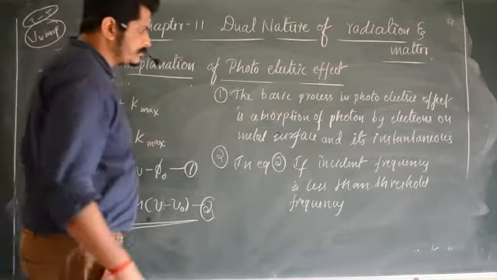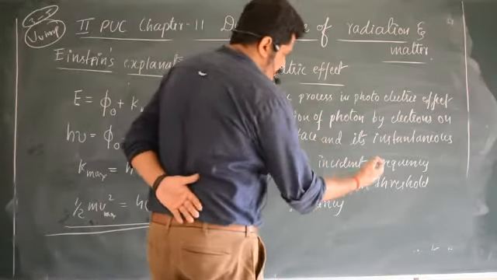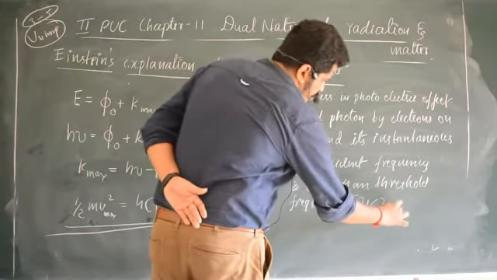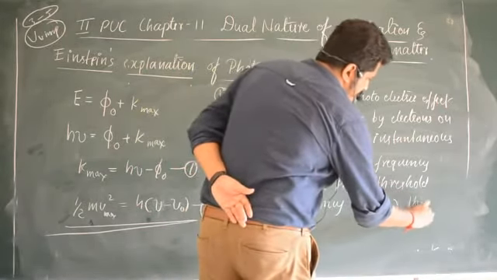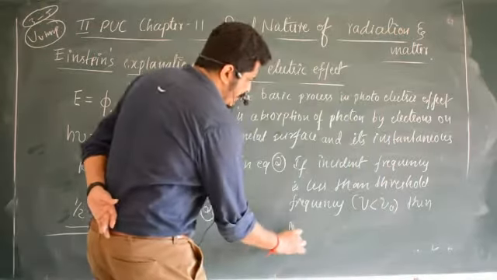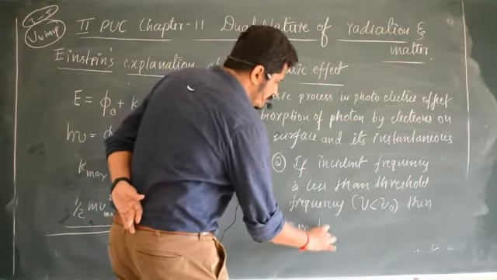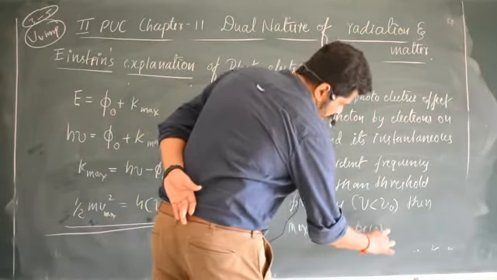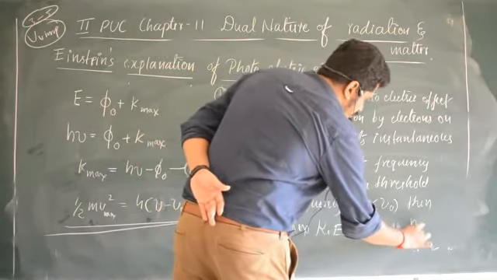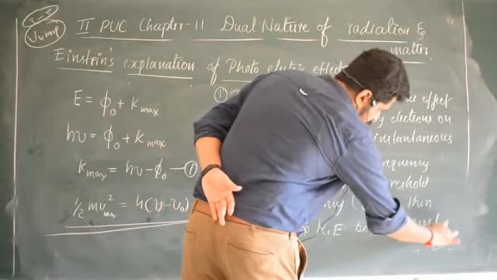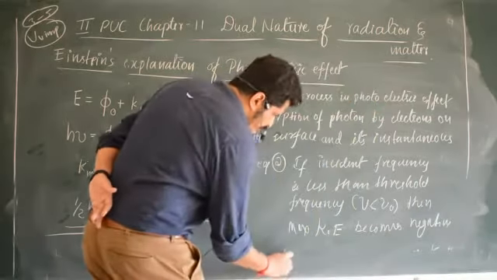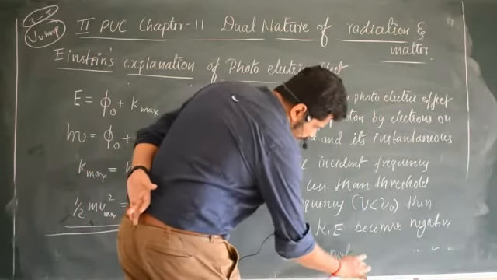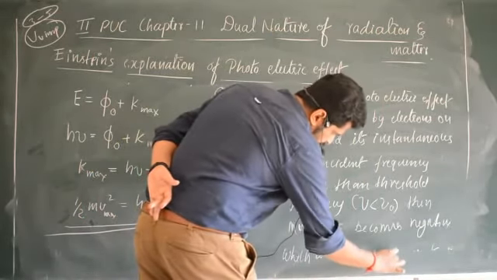So if nu is less than nu naught, then maximum kinetic energy becomes negative, which is not possible.